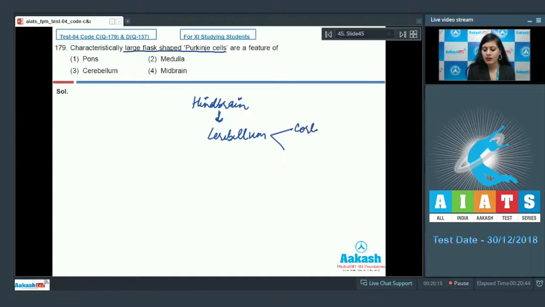Cerebellum has two parts, cortex and medulla, and these Purkinje cells are present in the cortex part of cerebellum. So the correct answer to this question is option number 3. The other options, that is pons and medulla, are incorrect, and midbrain also is an incorrect option. These cells are present in hindbrain. So the correct answer to this question is option number 3.